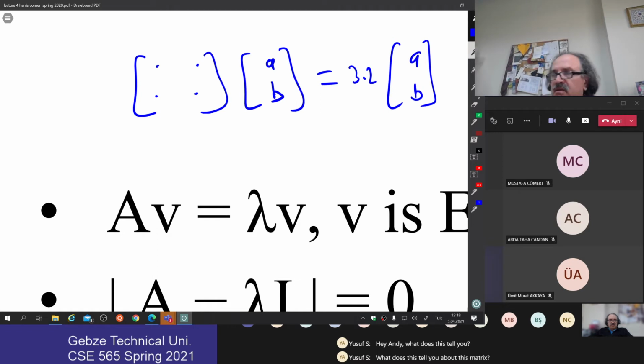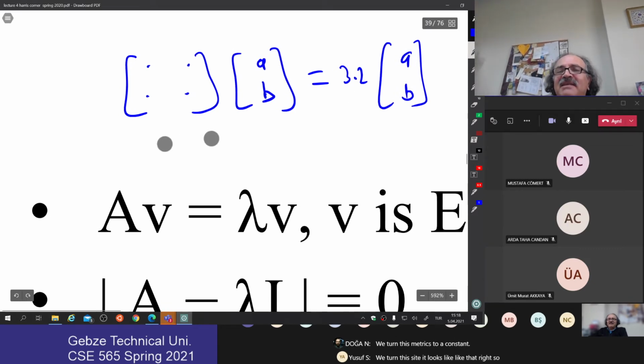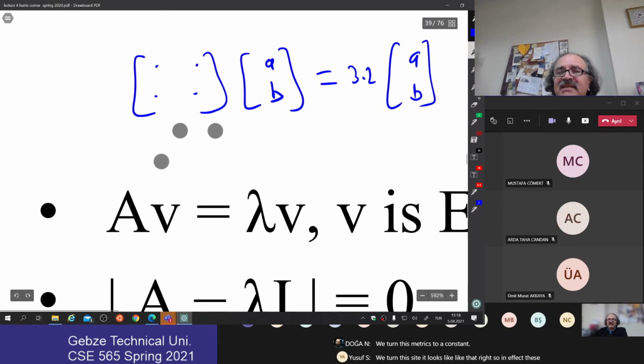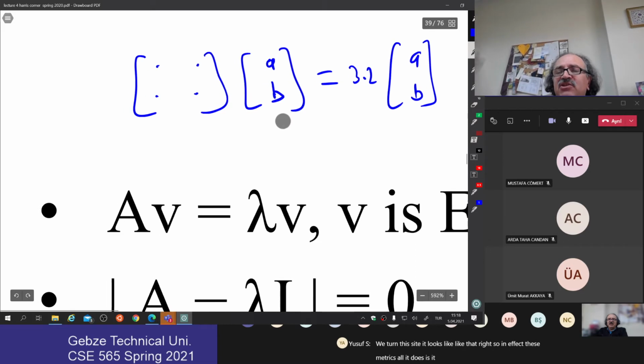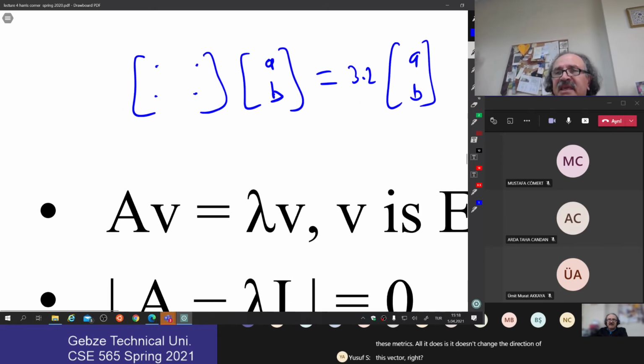We turn this matrix to a constant. Yeah, it looks like that, right? So in effect, all this matrix does is it doesn't change the direction of this vector. It doesn't rotate, it just scales it.